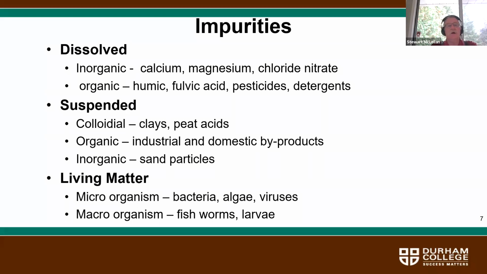Hard water can start plugging pipes. It can be difficult to do laundry in hard water. And again, the organic ones, I've already given you a couple of examples of those.